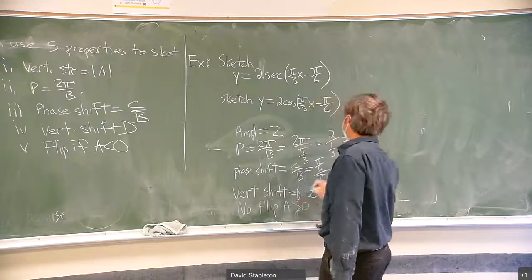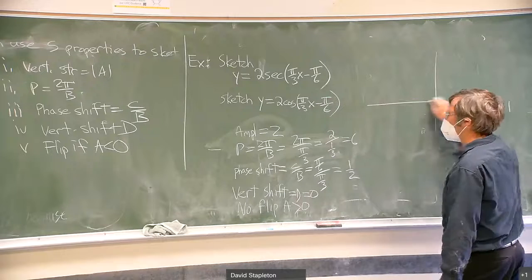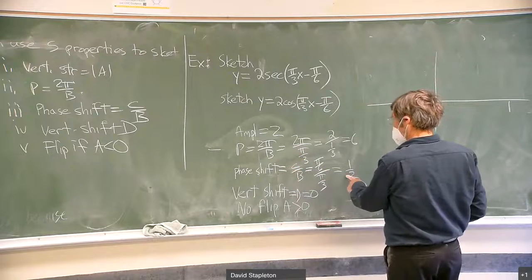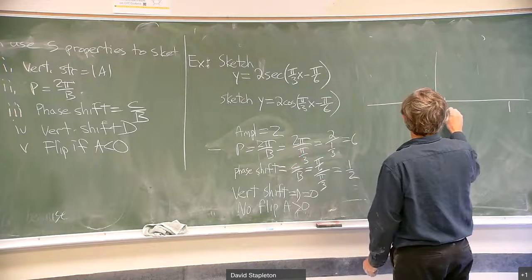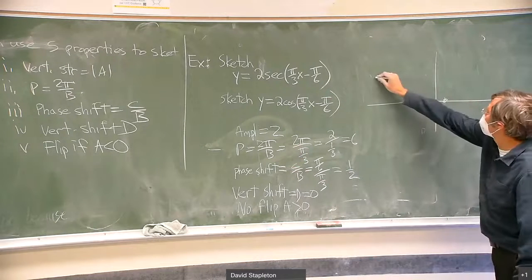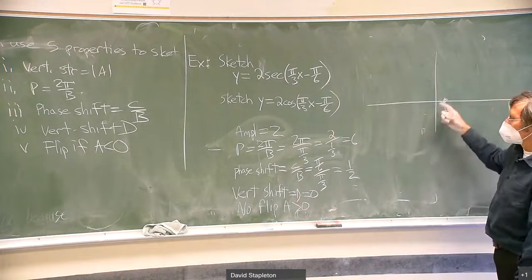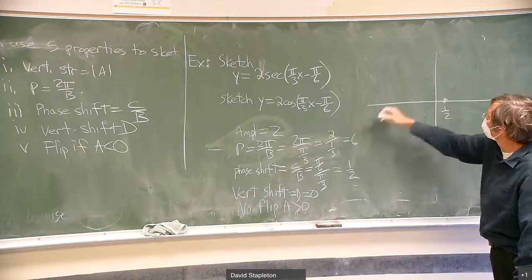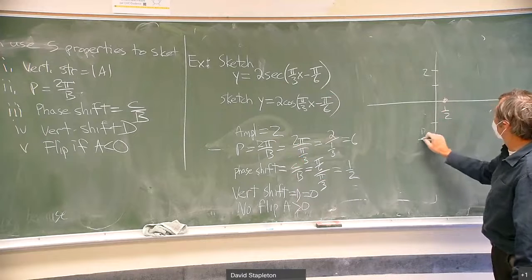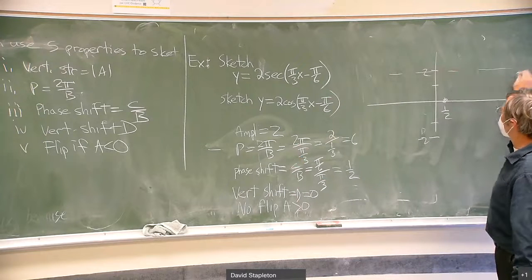And I just draw the cosine as usual, right? I'll do that. Start at the shift point, 1/2, 0. Right there. That's the shift point. Cosine starts at the top. So now I draw the cosine. Now the guidelines, the amplitude is plus or minus 2. So I'll go up to 2 and down to minus 2. Draw the guidelines.